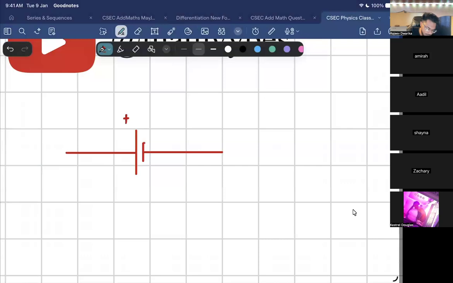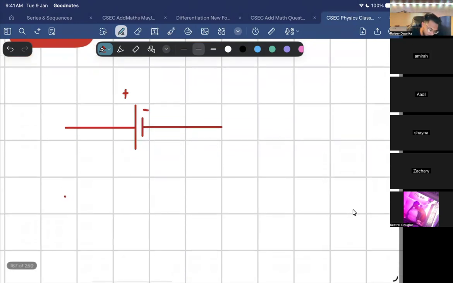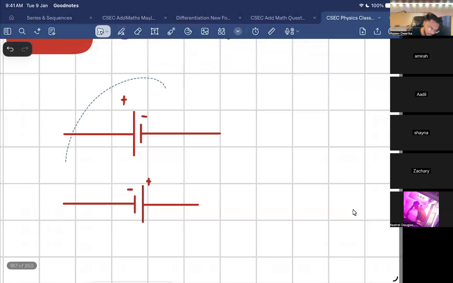And the shorter terminal represents the negative. If I were to switch around the terminals, what would you call the shorter terminal? Negative. And the longer terminal is positive. Right, and these represent batteries.